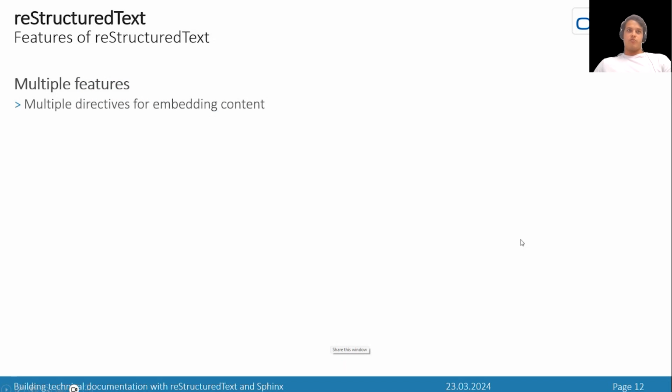Okay, so what are the features of reStructuredText? The first one is that we have multiple directives for embedding content. So those can be images, for example, or what we call admonitions. I will talk about that later. We can have powerful linking mechanisms between pages and sections.